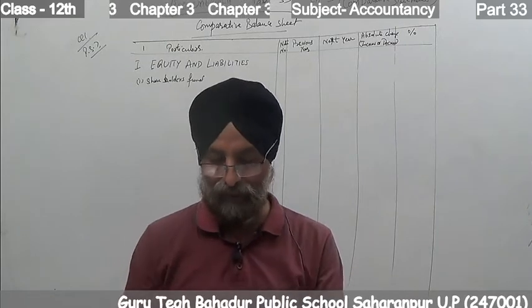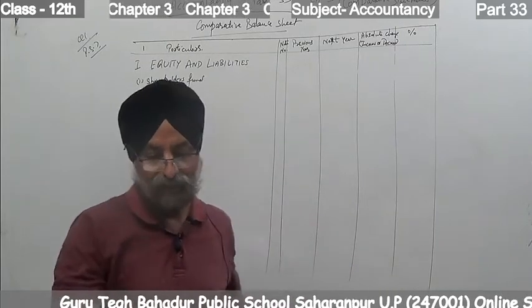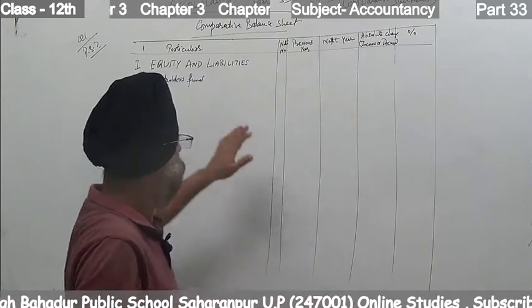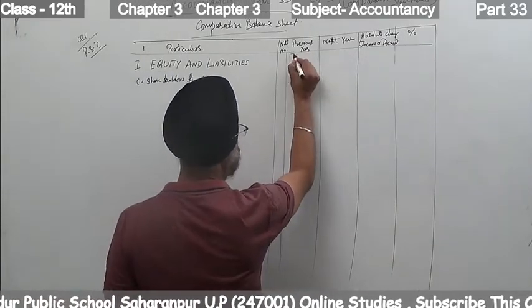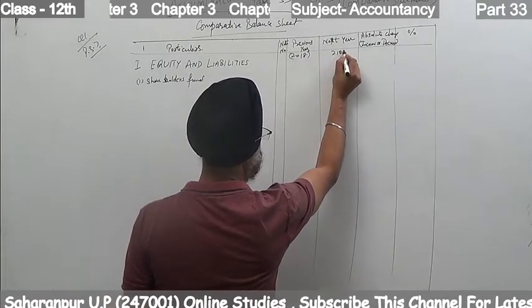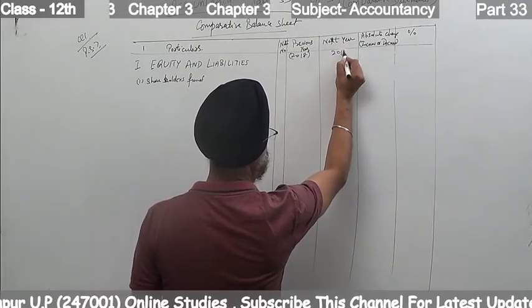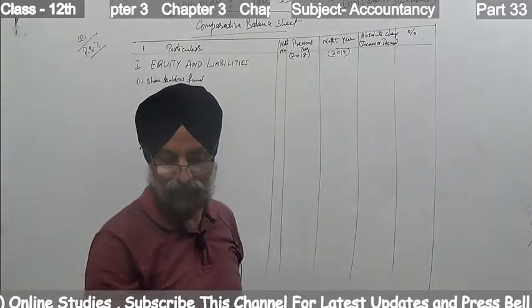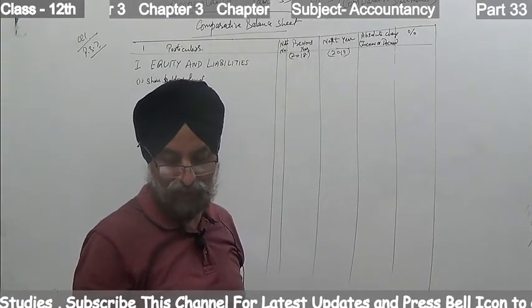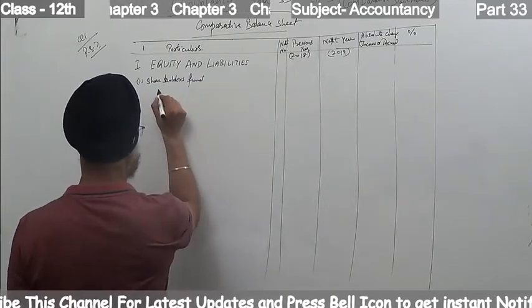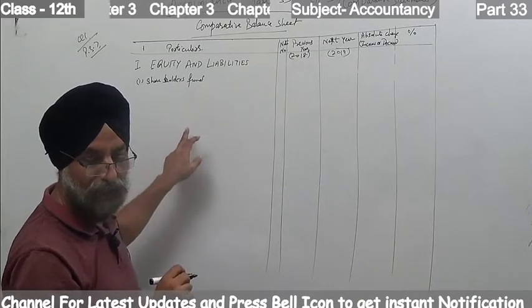How to make a comparative balance sheet? See this. Number 1, shareholders' fund. 2018 is our base year. In this base year, in our shareholders' fund, the share capital value is rupees 5 lakh.